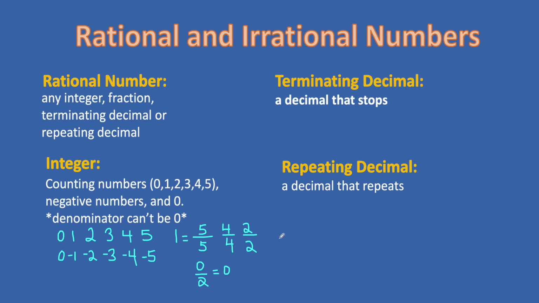All right, let's go to terminating decimal. The terminating decimal is a decimal that stops. For example, 0.53. Just an example. Or a common one is 0.75.